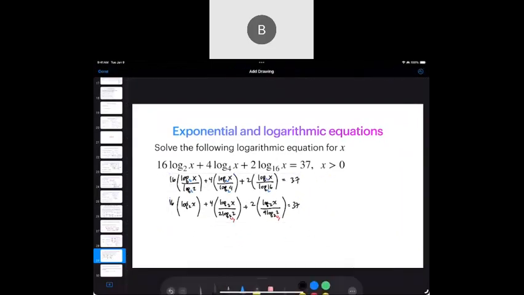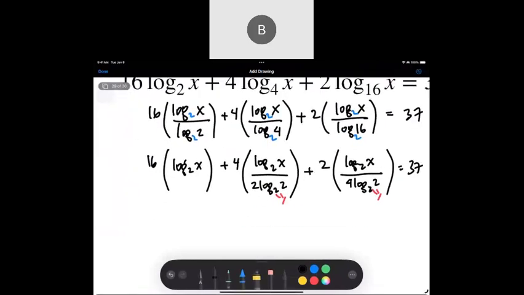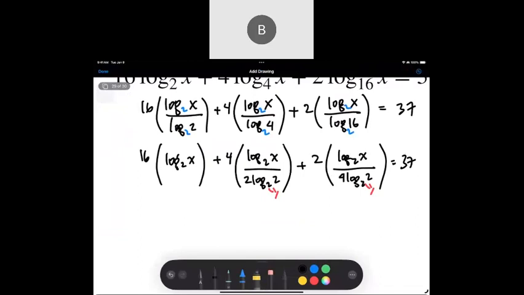Let me make it smaller. And then what we have now is 16 log 2x plus 2 log 2x, right? And then plus 2 log 2x. So 16 plus 2 plus 2 is 20.